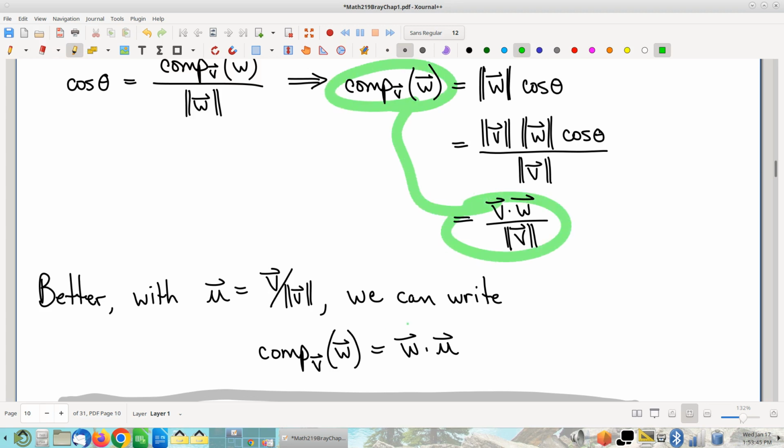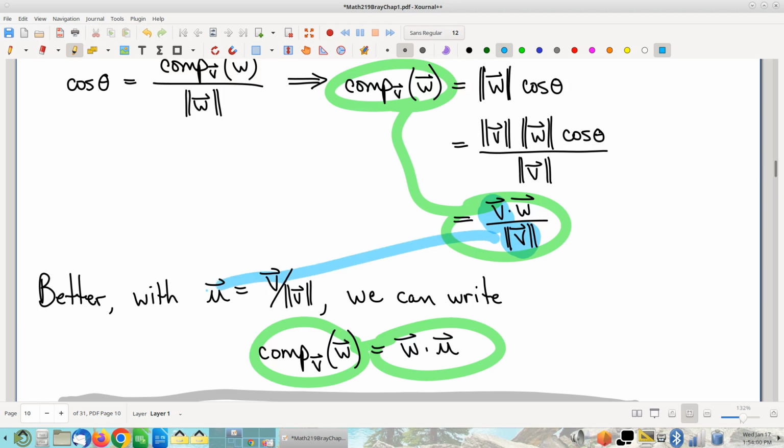That formula, morally equivalent to this formula. All I've done to distinguish these formulas is I've taken what I see here, V divided by magnitude of V, and I've just noticed that that is exactly the unit vector that points in the relevant direction.